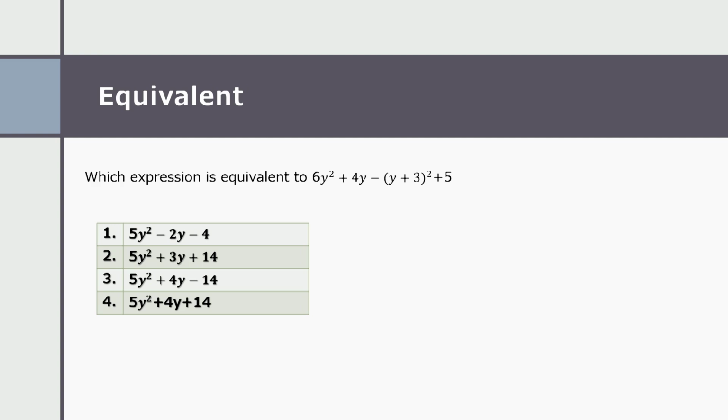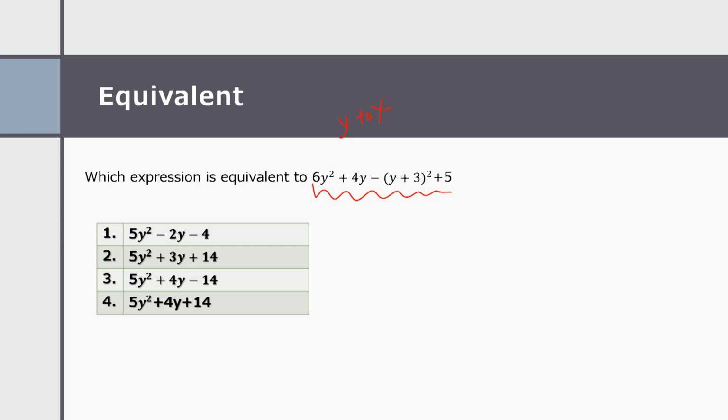Which expression is equivalent to 6y squared plus 4y minus y plus 3 squared plus 5? So for this one, I would put this into Desmos. Once I plug this into Desmos, you're probably saying, Ms. Killen, I can't do it as a y, can I? No, but with Desmos, we could always change my y's to x's.